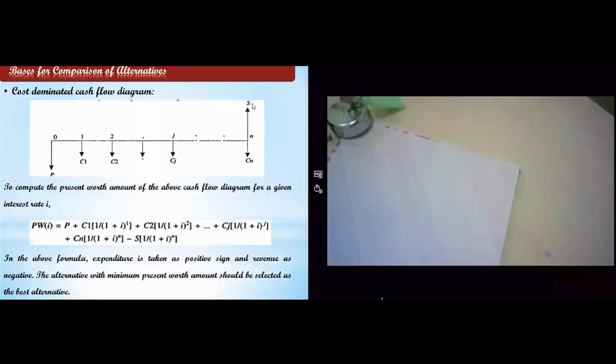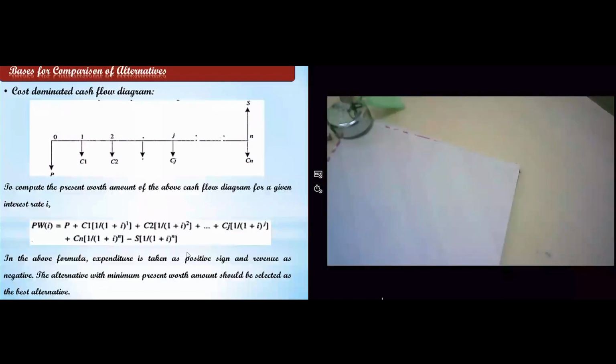You can see that it is minus S. We have to bring this amount from year n to year 0 by counting the number of steps. That is why it has been considered as single payment, and they have used the formula 1 divided by (1 plus I) to the power n. So this is the equation for calculating present worth.